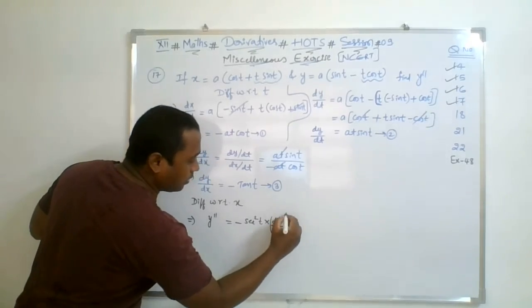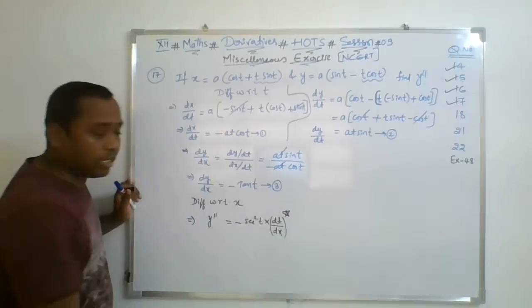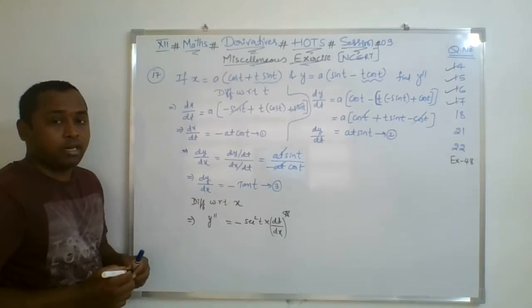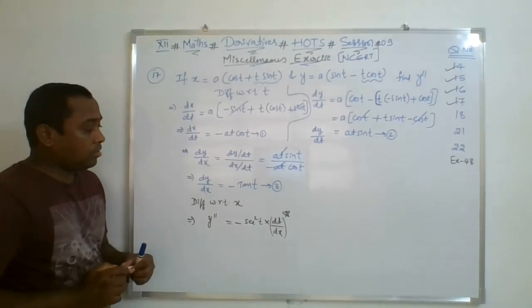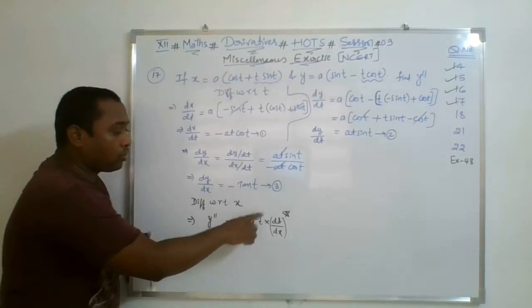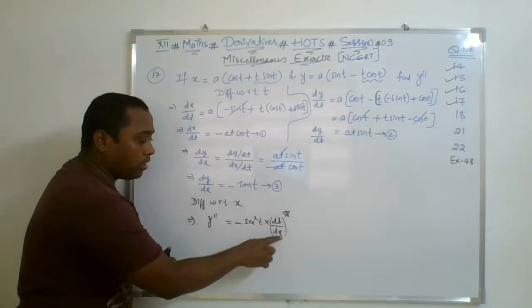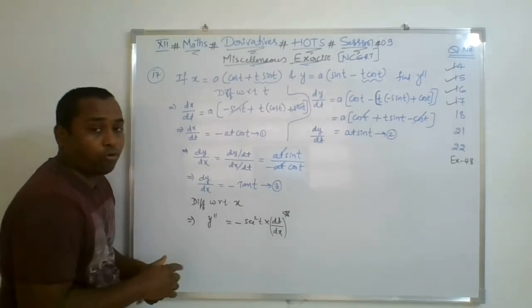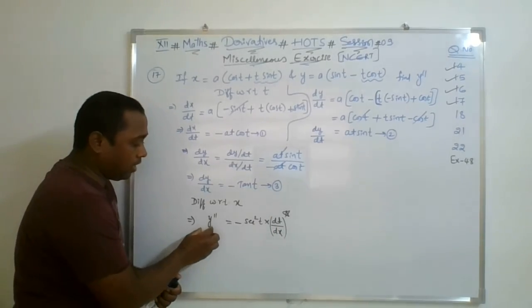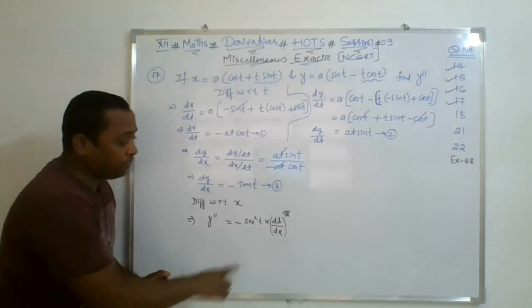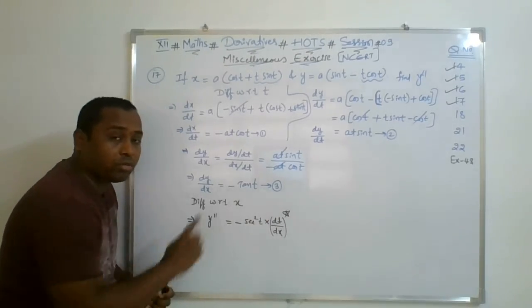So this is a key factor of this entire solution. Generally what I observed during the last 10 years, the students generally forget writing this differential coefficient, they simply declare y double dash is minus sec square t. So this is a point you need to remember.